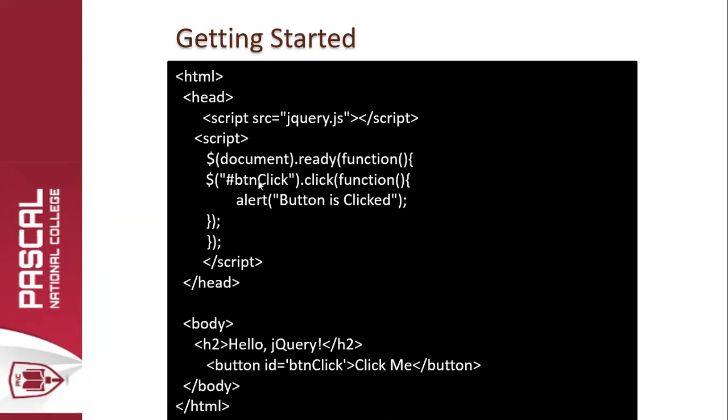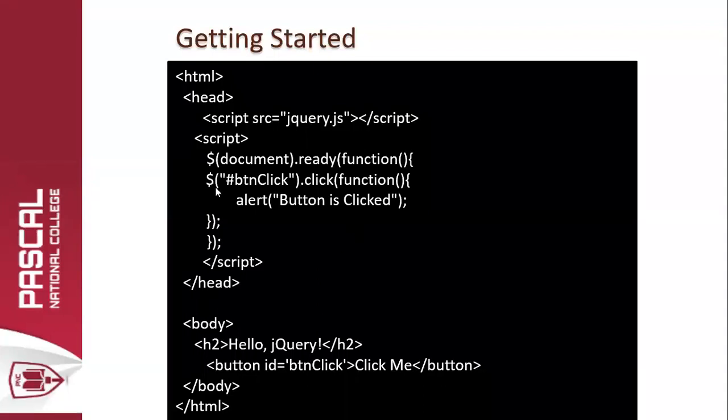Within this document.ready, you will be writing your own functions for whichever button or element you would like to show. Just go to the body part: h2 Hello jQuery, button id equals btn, click me. Whenever you click on this button, you are calling the click function of this button. The hash refers to your id, and the dollar is the symbol you need to use when using jQuery.